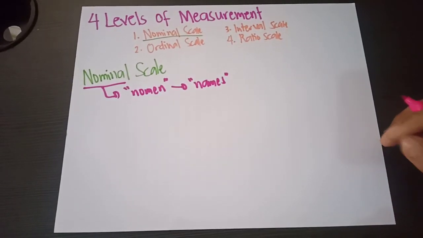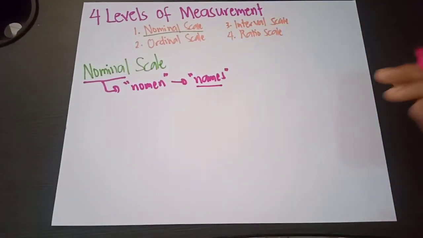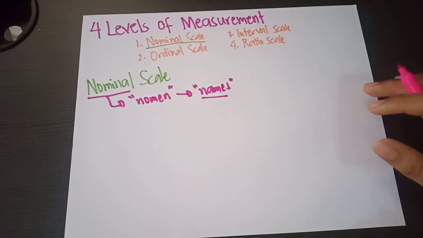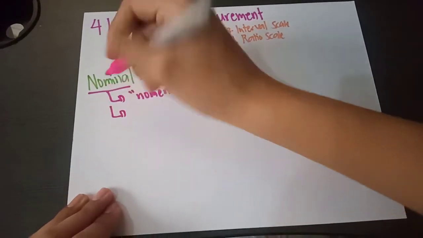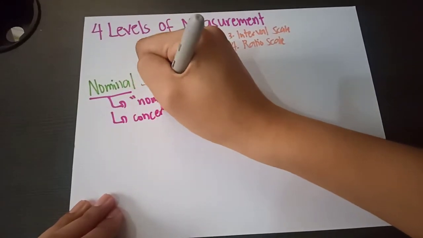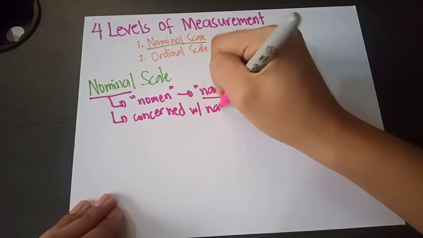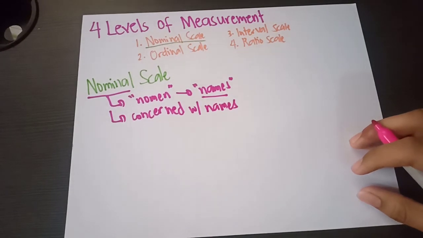So nominal came from the French word nomen, meaning names. So with this etymology, we can infer that the nominal scale is concerned with names.